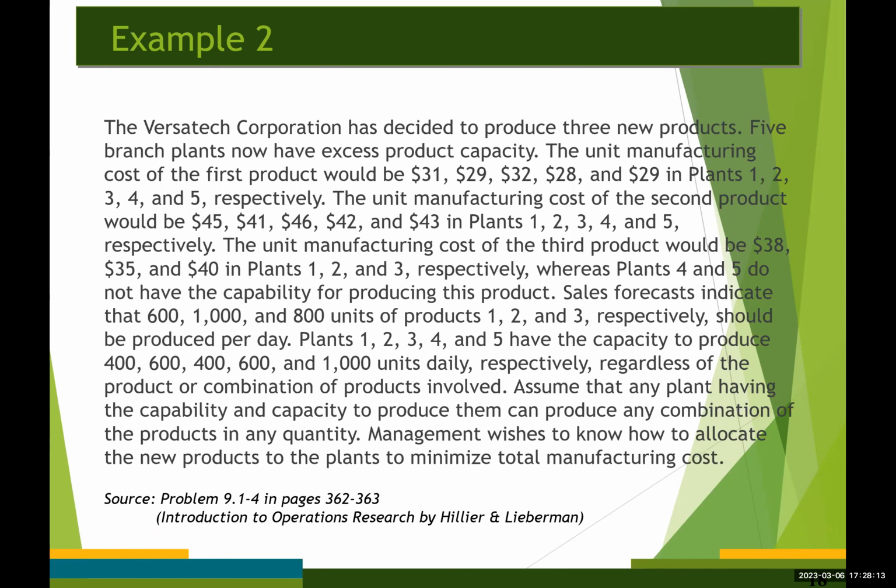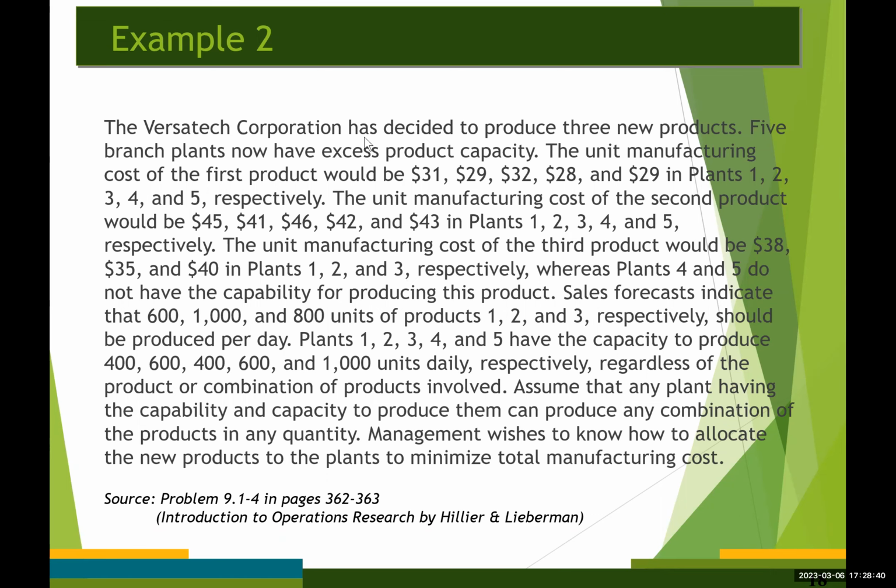So similarly, for this example, let's consider the 5 plants as the sources and the 3 different new products to be the destinations, okay? So with keeping this in mind, let's build a transportation parameter table, okay?